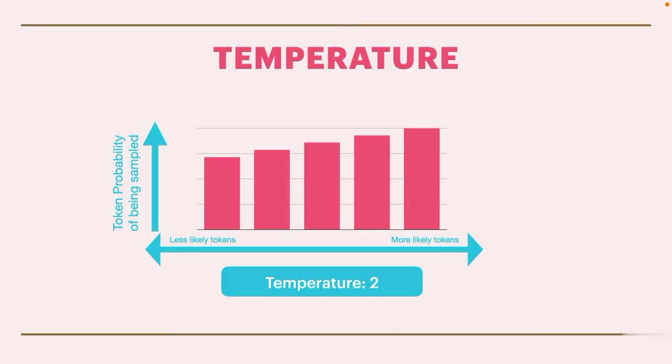So a higher temperature makes the probability distribution flatter, giving lower probability tokens or less likely tokens a higher chance of being sampled. So the different tokens have comparable probabilities of being sampled in the output, and that is the secret behind the increased randomness in this scenario, as all tokens have comparable chances of being sampled. However, as you've seen in the examples, a higher temperature also increases the likelihood of generating incorrect or nonsensical answers.